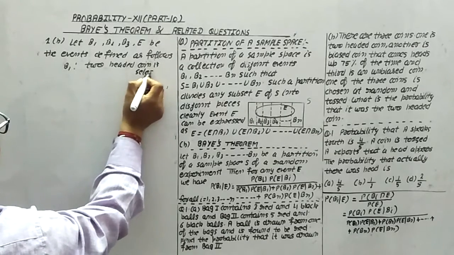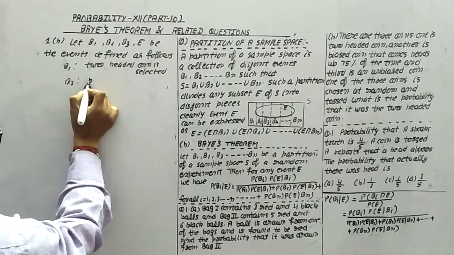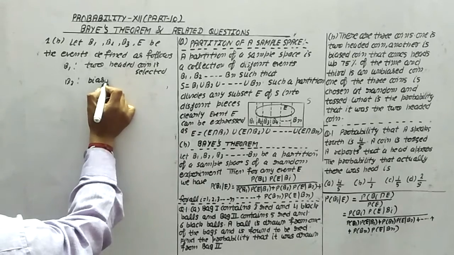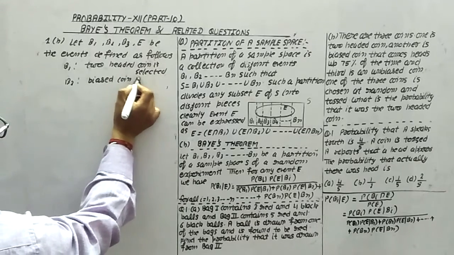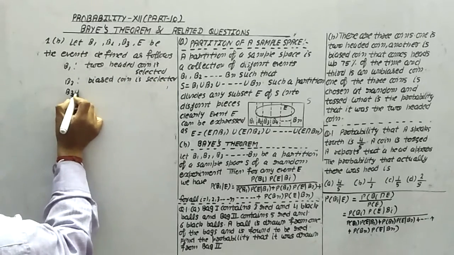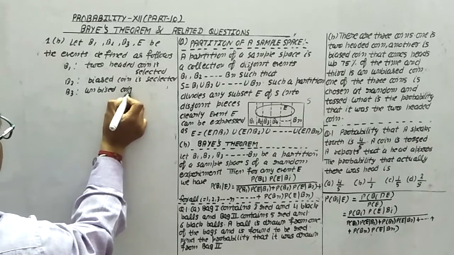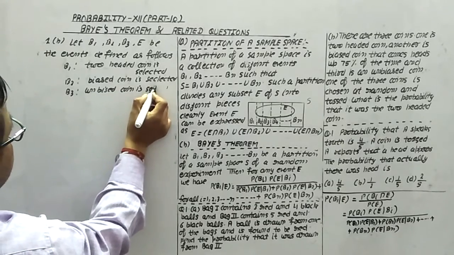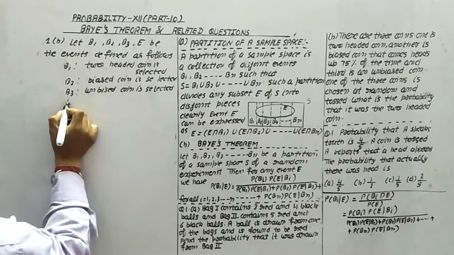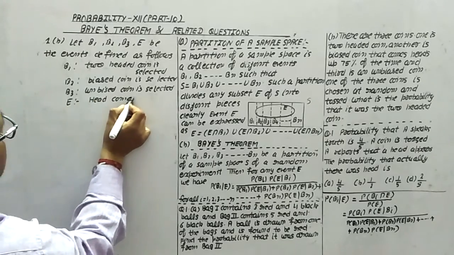B2 is the event that the biased coin is selected. And then let us suppose B3 is the event that the unbiased coin is selected. And E is the event that head comes up.